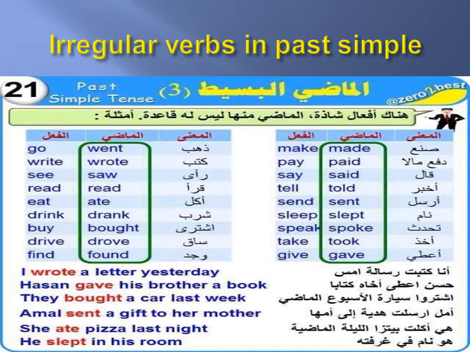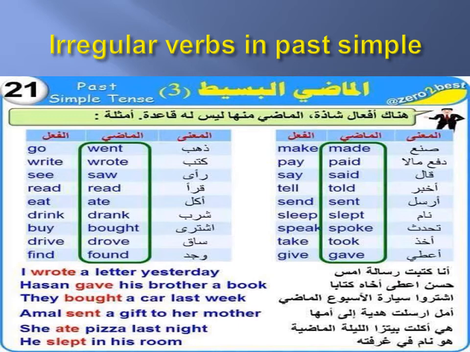We call them irregular verbs, and of course you have to keep them in your mind, in particular the common verbs such as go, work, send, sleep, take, give, and so on.